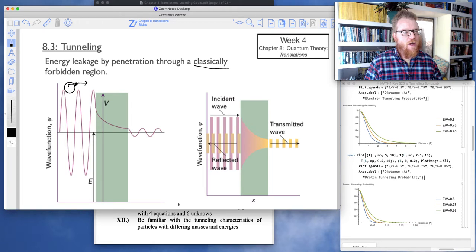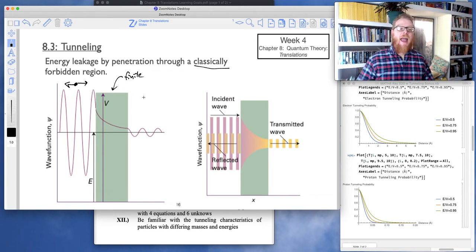But now there is not infinite potential energy to get out of the box. There's some finite amount of potential. And tunneling can be observed over certain distances and certain energies.